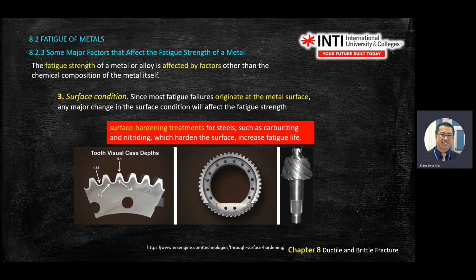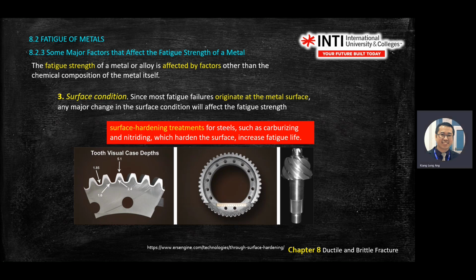So for example, those that you're familiar with, maybe not from here. For example, you do coating on your car, right? You polish, you do potting. So for the point number 3 here, let's say you have a gear. Okay, you have a gear.